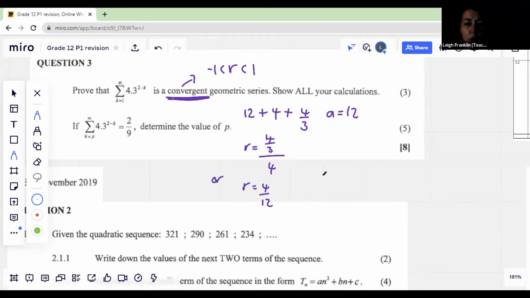Exactly, 1/3. Okay, so because 1/3 is greater than -1 and smaller than 1, therefore the series must be a converging geometric series.